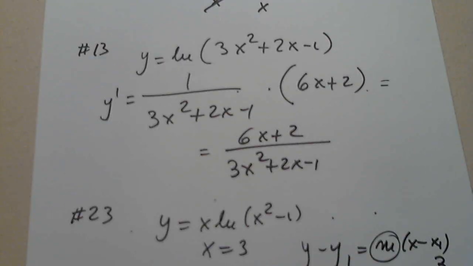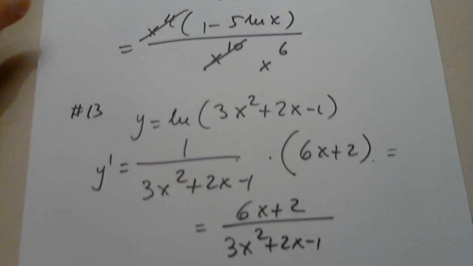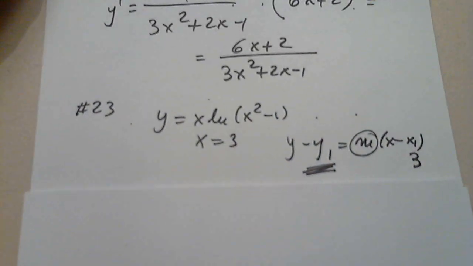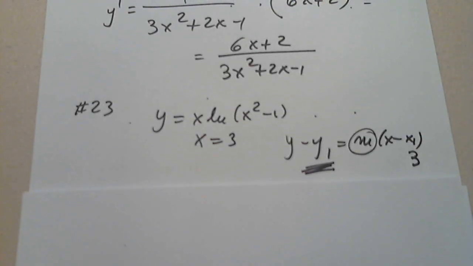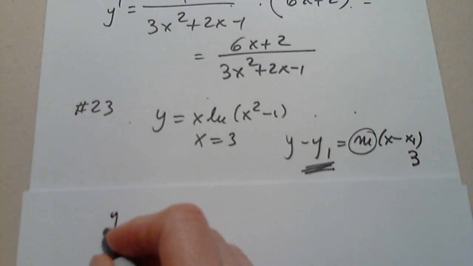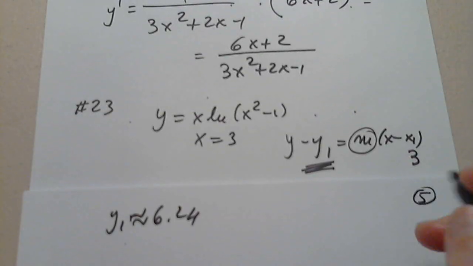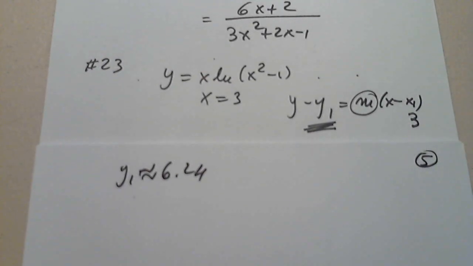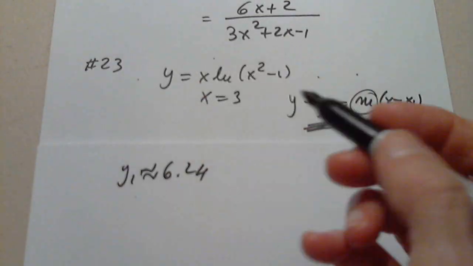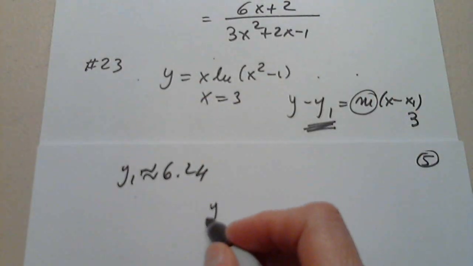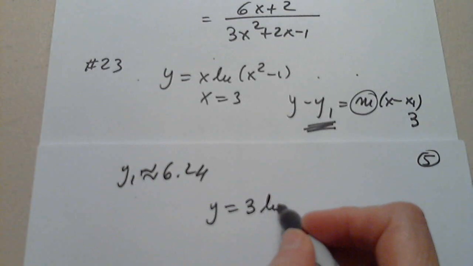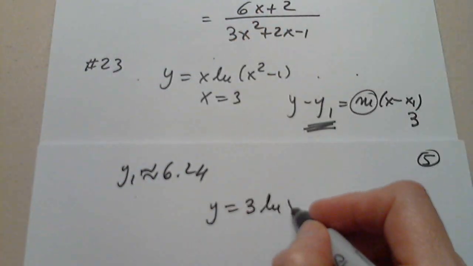Now, they may ask us to use the exact answer. I don't like this answer of 6.24. So y1 is approximately 6.24. But they may ask us not to round up or down, which means when I plug in 3 here, I have y equals 3 natural log of 9 minus 1, which is 8.